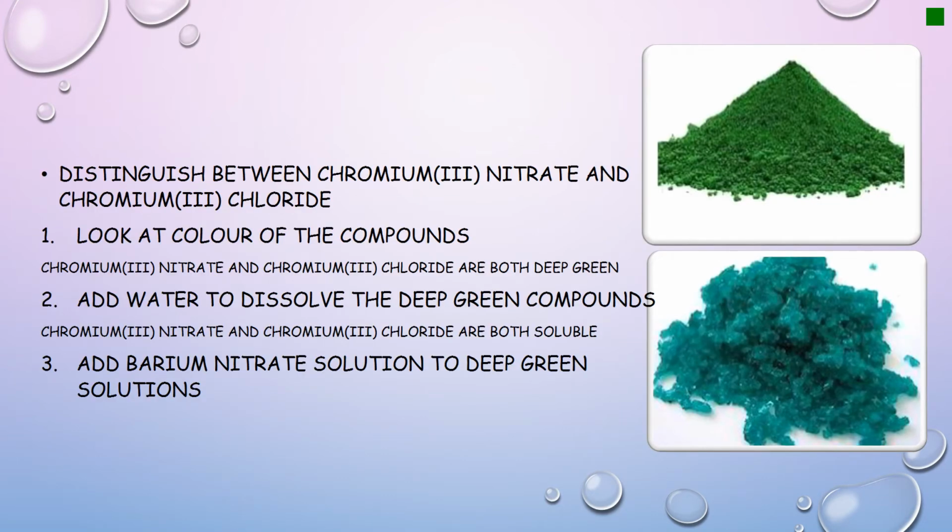So we looked at the compounds, they were both deep green. We looked at the solubility, we added water to dissolve them and they were both deep green. And now we've added silver nitrate solution, and you can see that with chromium nitrate we've got no observable change, and with chromium chloride we got a white precipitate.